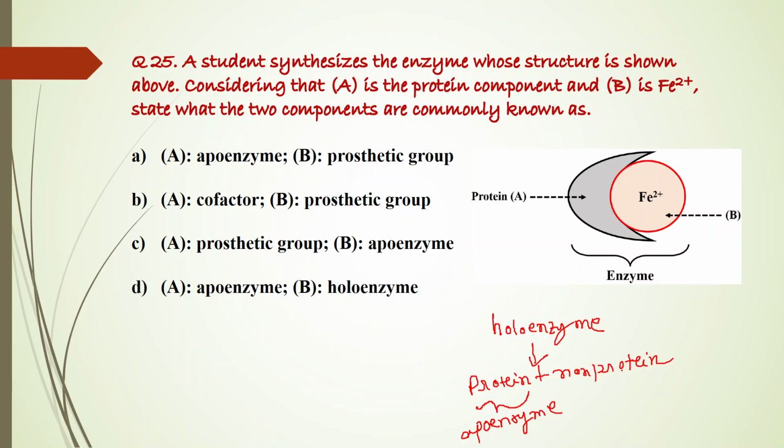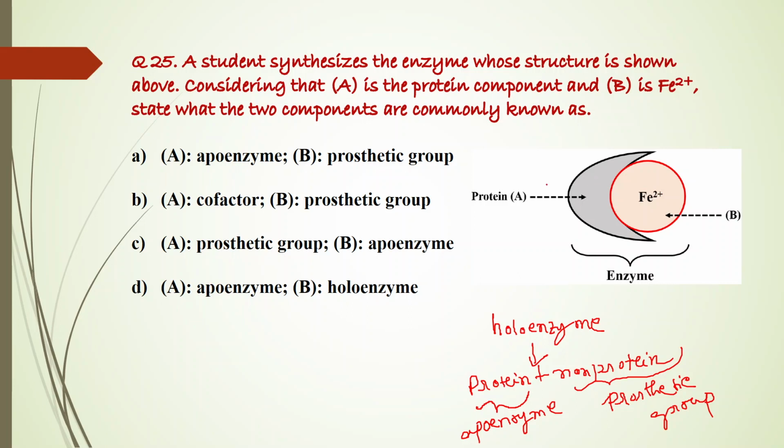In case of the non-protein part, the Fe2+ generally remains coordinated, that is, tightly bound to the protein centers by coordinate bonds. That means in this particular case, as it is tightly bound, and as a metal ion is involved, we will call this non-protein part a prosthetic group.